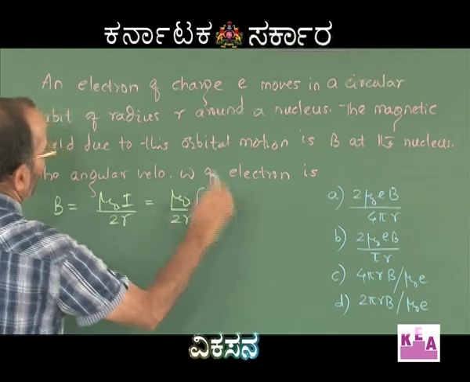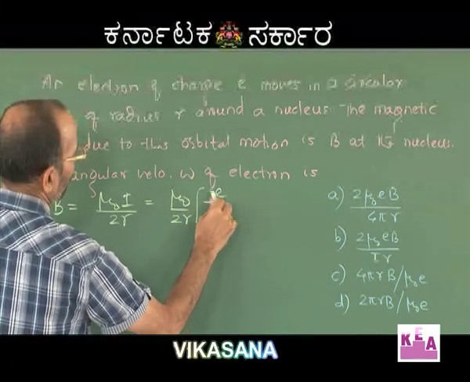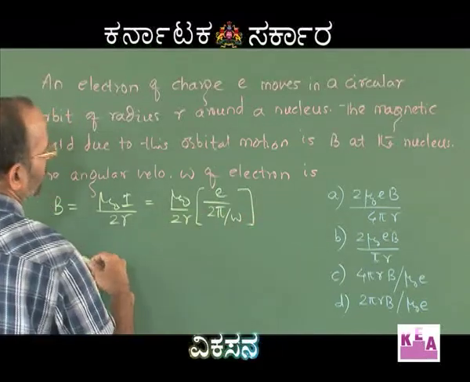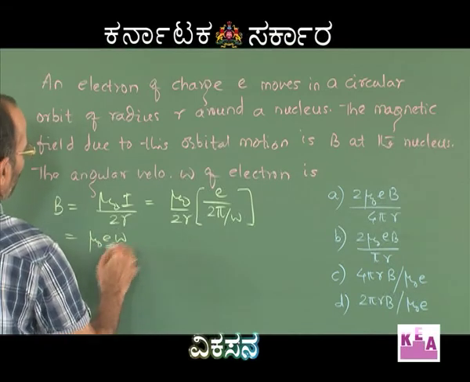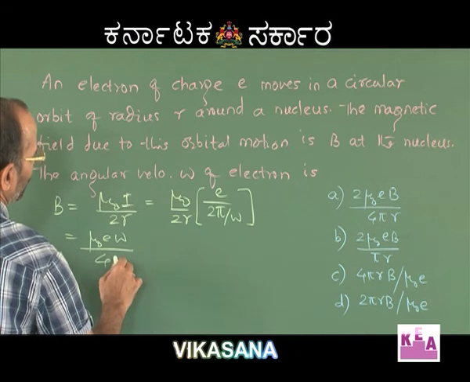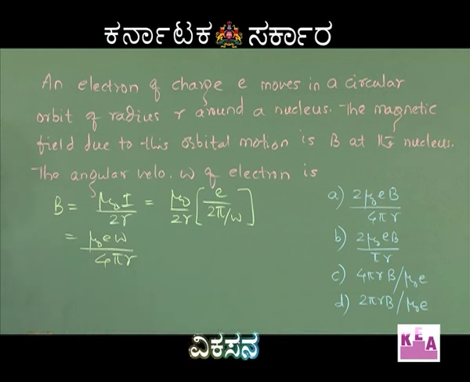2R, and I can be written as charge divided by time, and time can be written as 2 pi by omega. So, that makes it mu naught E omega, see omega goes to the numerator, divided by 4 pi r.